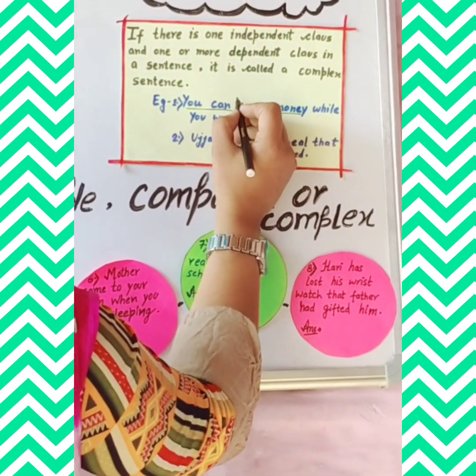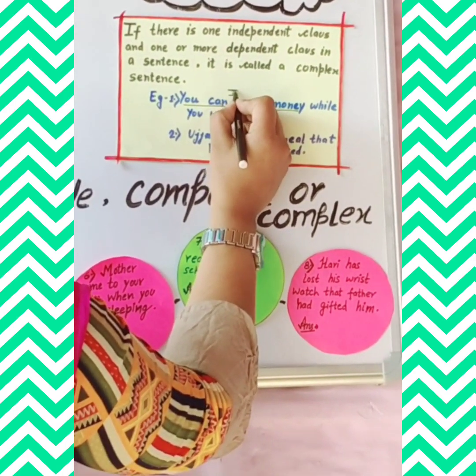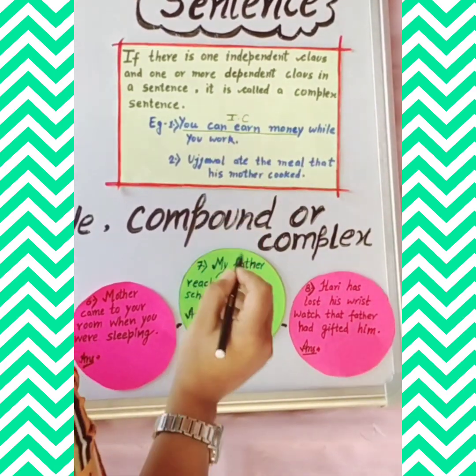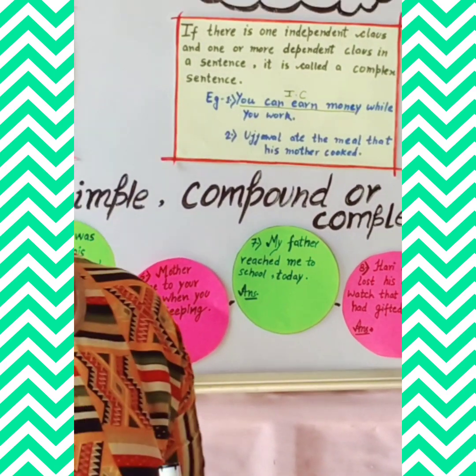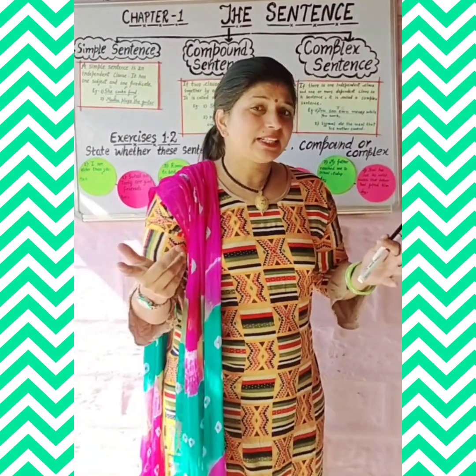So ये हमारा क्या है? इंडिपेंडेंट क्लॉज है. और जो सेकंड वन है while you work. अगर मैं कहूँ if I say that while you work, तो is it making a proper sense? ये कोई proper sense बना रहा है? while you work क्या समझ रहे हैं आप इससे? कुछ समझ रहे हैं? nothing ना. so while you work से हमें कोई proper sense नहीं नजर आ रहा है.